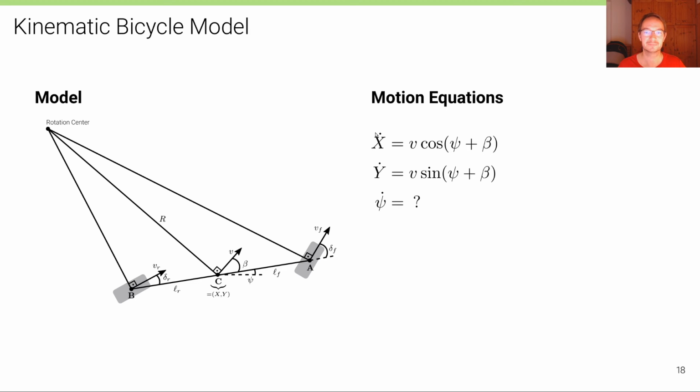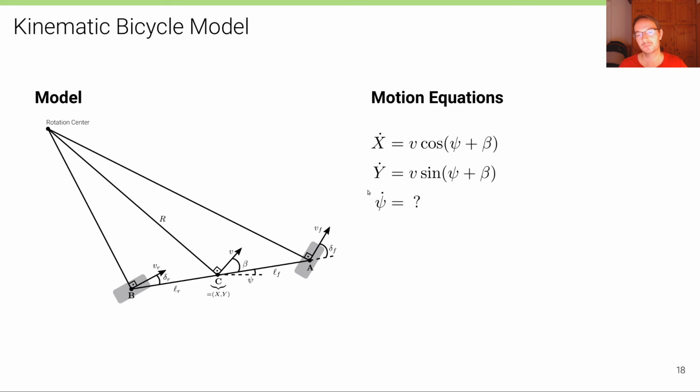So the x component of the velocity of the vehicle is simply v times cosine of the course angle. And the y component of the velocity is v, the velocity, times sine of the course angle.